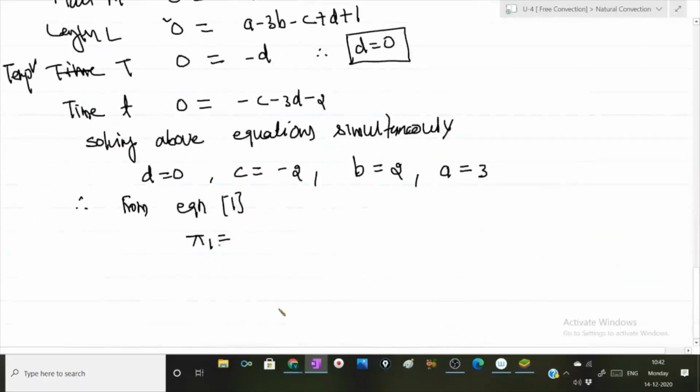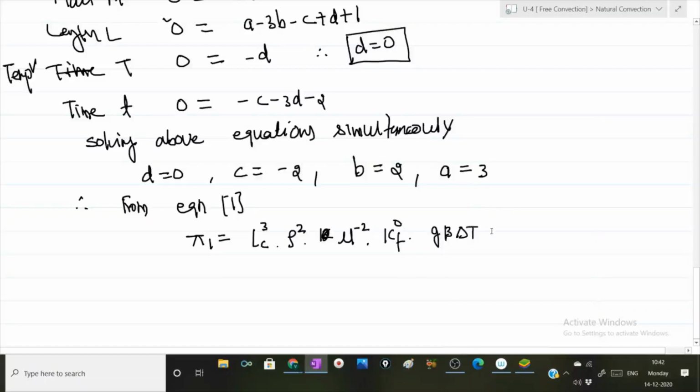So LC power a means LC cube, rho power b means rho square, mu power c means mu to the minus 2, kf power d means 0, and g beta delta T. So rearranging this will give me pi 1 is equal to rho square g beta delta T LC cube over mu square.